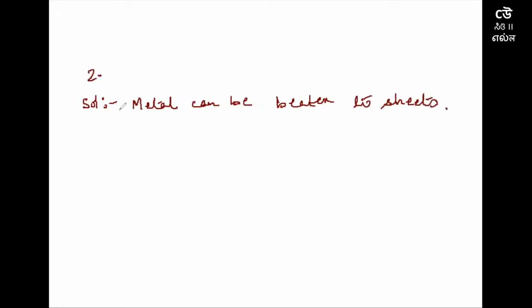And if I say metals are ductile, that means they can be drawn into thin wires. So that is how we can describe that. If we say that metals are malleable, that means metals can be beaten into sheets. This is said to be malleable. And ductile means that metals can be drawn into wires.